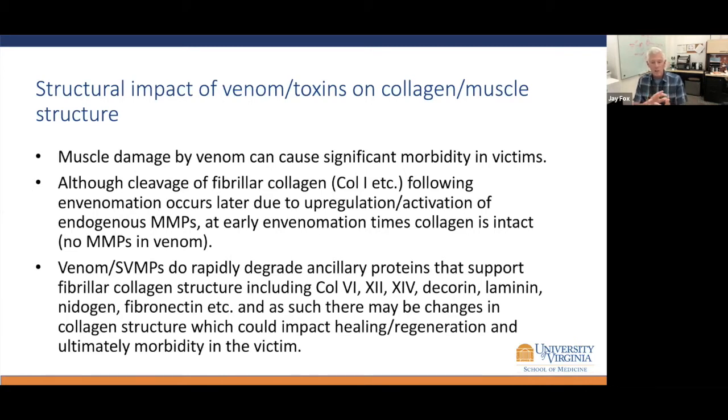Does the structure of the fibrillar collagen remain the same, or does it change by virtue of the fact that these ancillary proteins are degraded? There's much literature regarding the lack of some of these proteins, or mutations of these proteins in human populations, that give rise to a variety of muscular dystrophies.